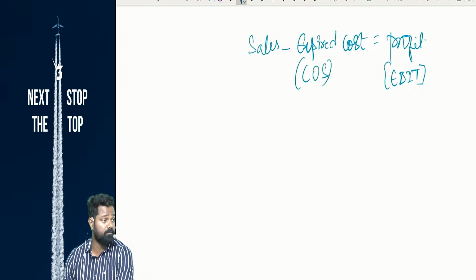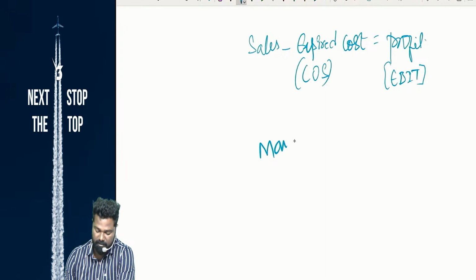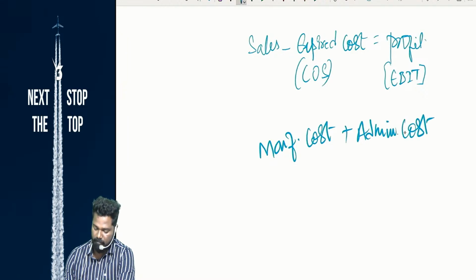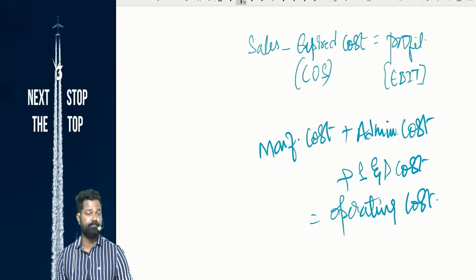Say yes or no. Cost of sales is manufacturing cost plus admin cost plus S&D cost. All these three together are called operating cost. Are you all with me?